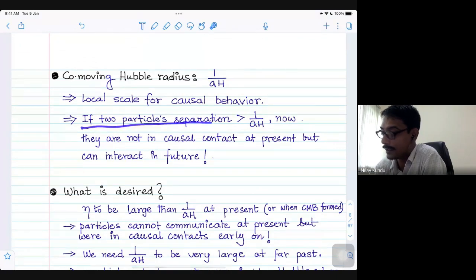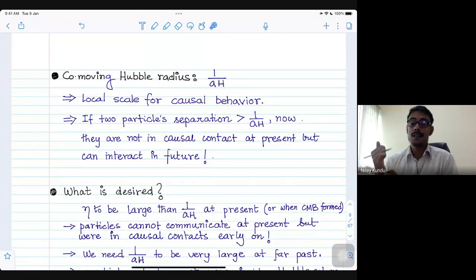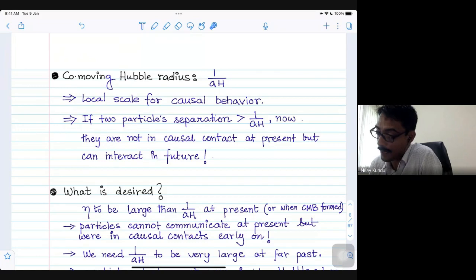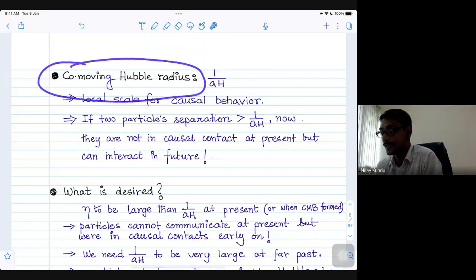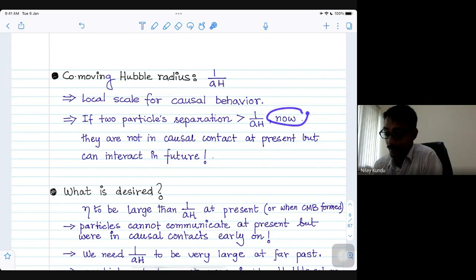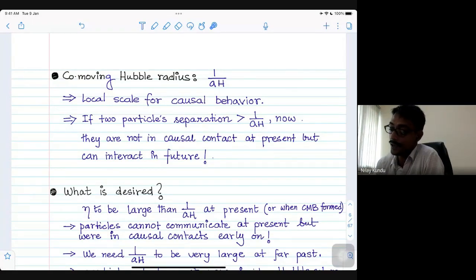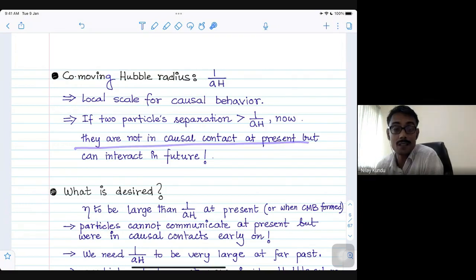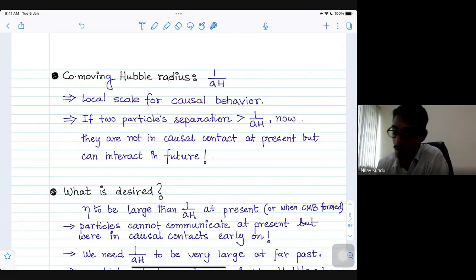If two particles are separated by a distance which is greater than this co-moving Hubble radius at present, 1 over aH, where a is the scale factor and H is the Hubble parameter, then they are not in causal contact at present, but can interact in the future.